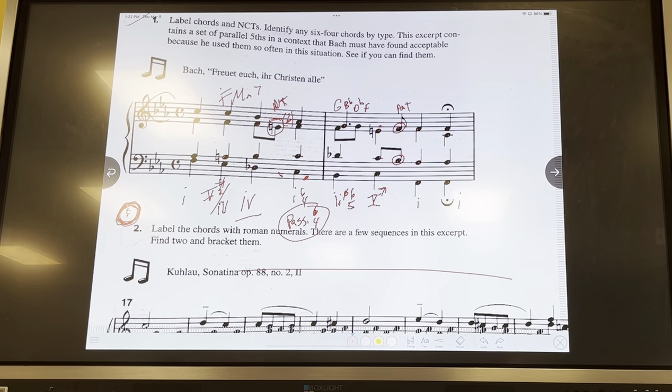Where are the parallel fifths? Well, that stays the same, so that's not parallel. Anybody see? We're looking for the parallel fifths. I can't find it.